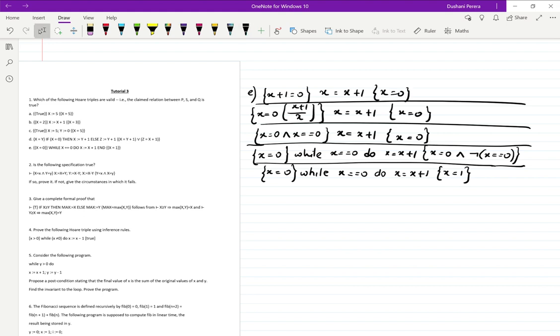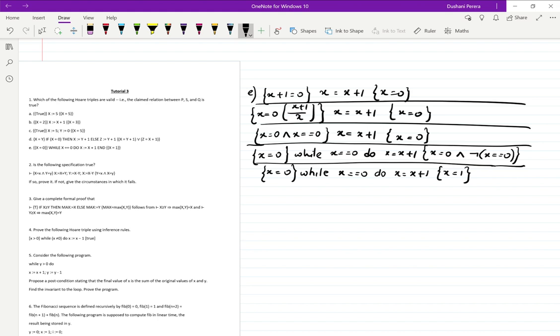So as you can see here, x plus 1 equals 0. That means x equals minus 1. So when we add 1 to that, we get x equals 0.